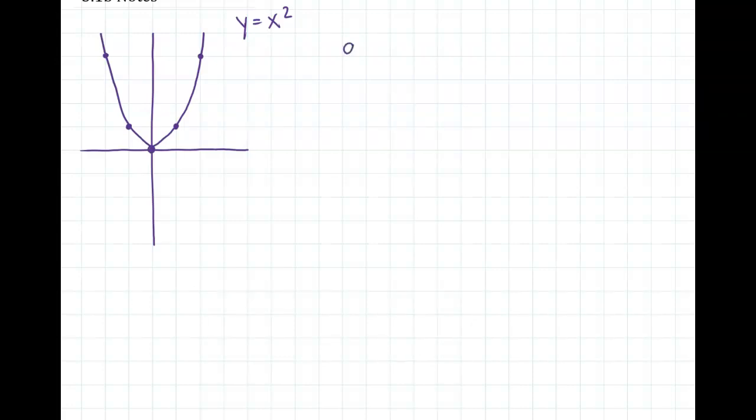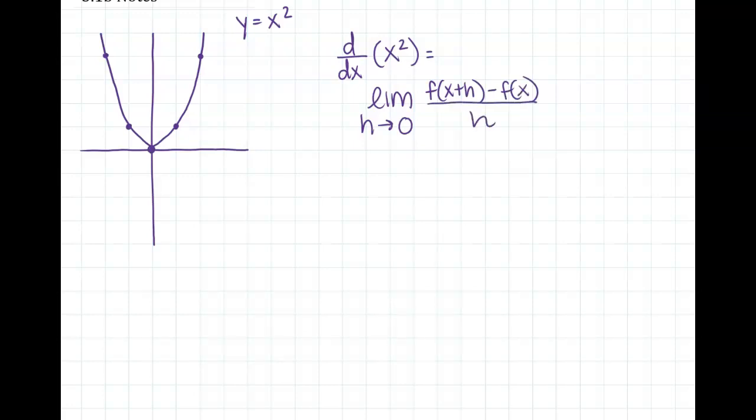So if we take the derivative with respect to x, d dx of x squared, we will do the limit as h approaches 0 of f of x plus h minus f of x over h, which is the limit as h approaches 0.